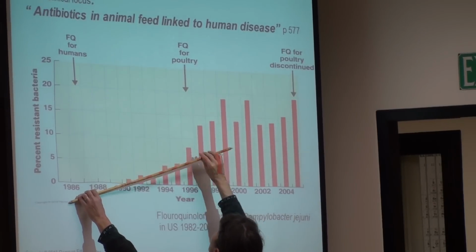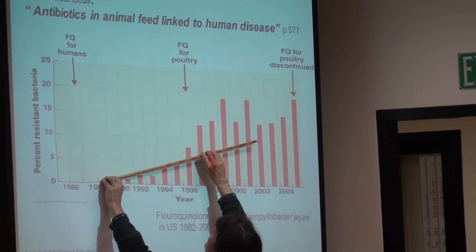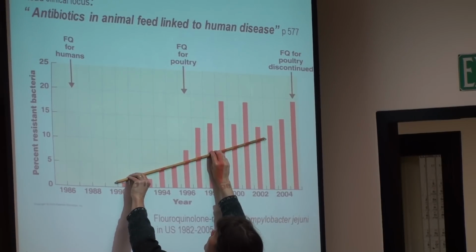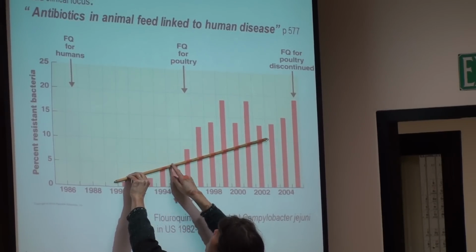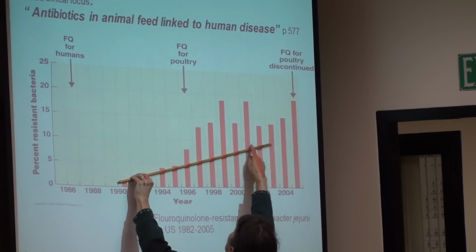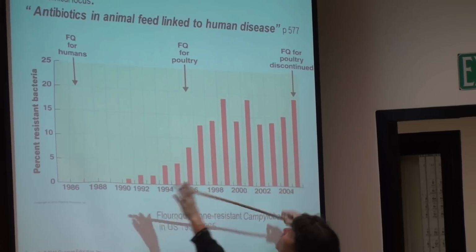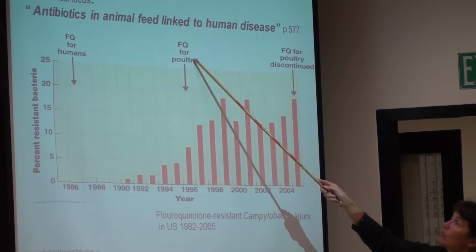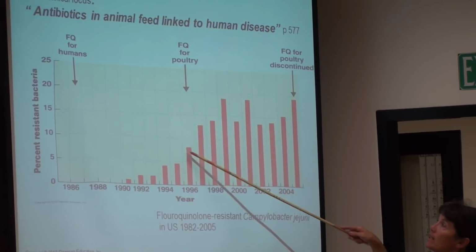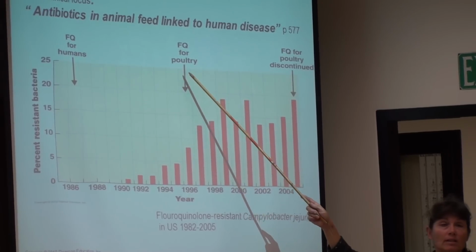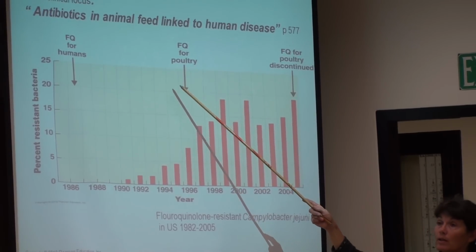Okay, it makes sense. But if we look at the slope, if the slope for Campylobacter resistance was even, it should have been about like that. But suddenly it takes off like that. And what happened? This is the year when fluoroquinolones were incorporated into chicken feed. So we've increased the amount of fluoroquinolones in the environment.